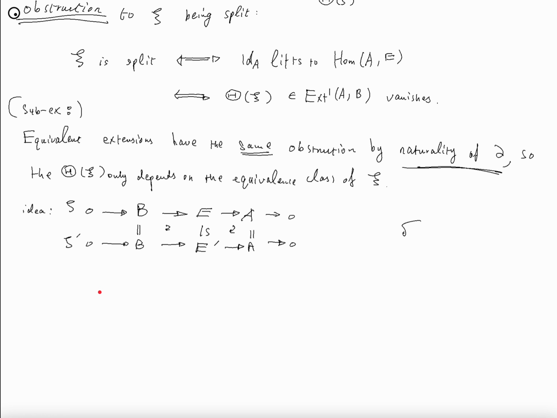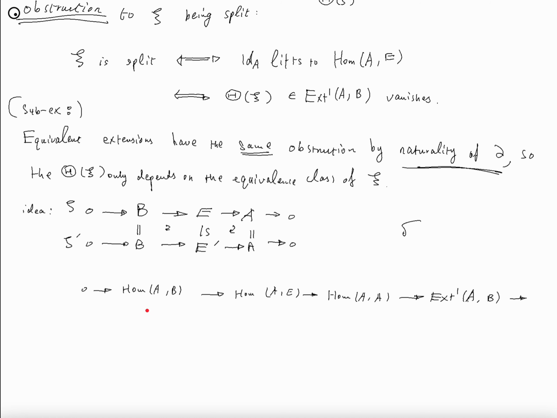So what you've got is, sorry, yeah, we apply that Hom(A,B), Hom(A,E), Hom(A,A), next term Ext^1(A,B), etc. Then you always have this commutative diagram, and this is just a functor given by the Hom.